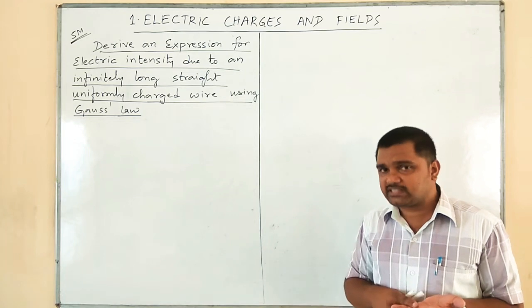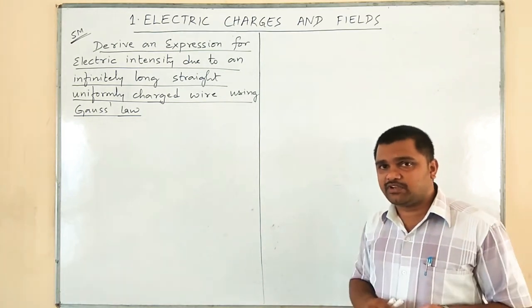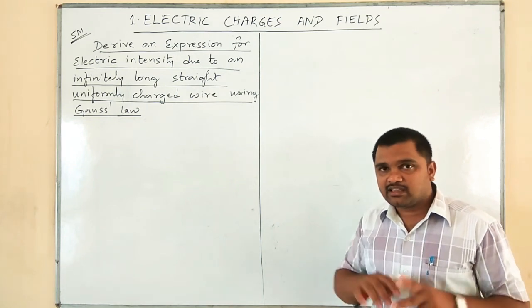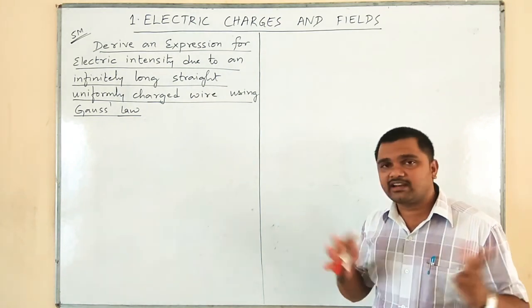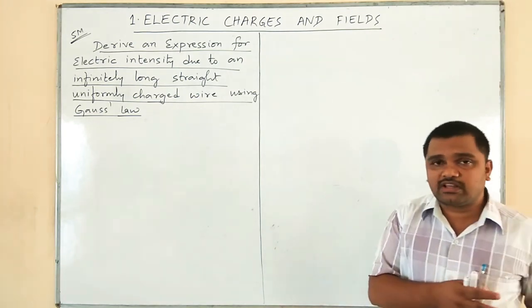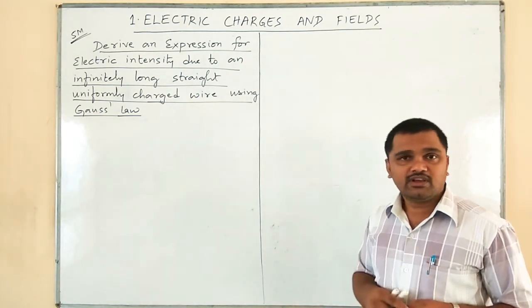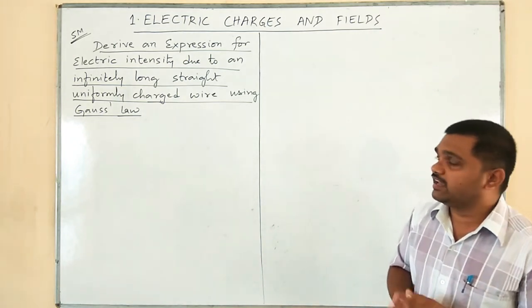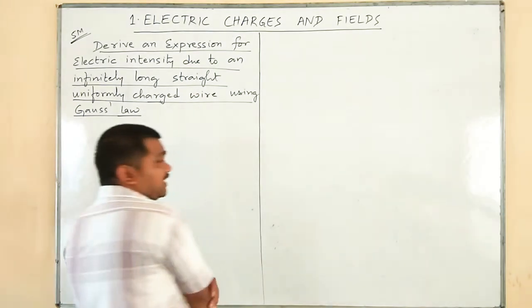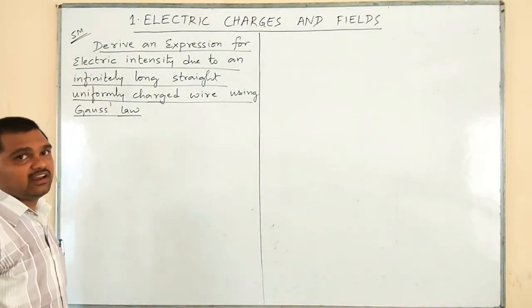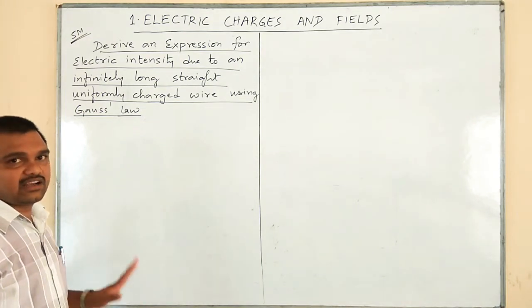Rule number 1 says, imagine a Gaussian surface symmetrical to the charge distribution. The second one, calculate the total flux through the entire Gaussian surface. And the third one, equate that total flux with the Gaussian equation phi is equal to Q divided by epsilon naught, isn't it? Okay, anyhow, so let us derive an expression for electric intensity due to a uniformly charged infinitely long wire using this Gauss law.